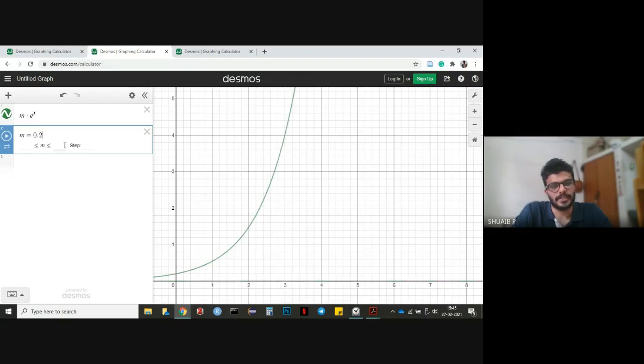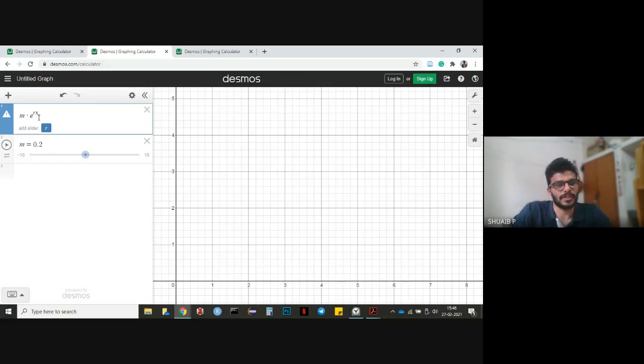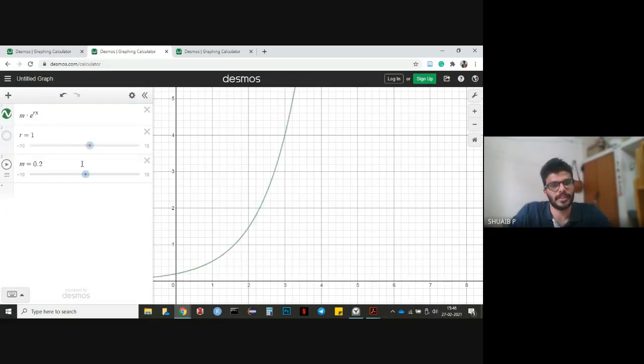When we make it positive, the population can grow exponentially. Yeah, so this is the basic form of an exponential function, and we can further change this to have a rate here, which would further change this equation.